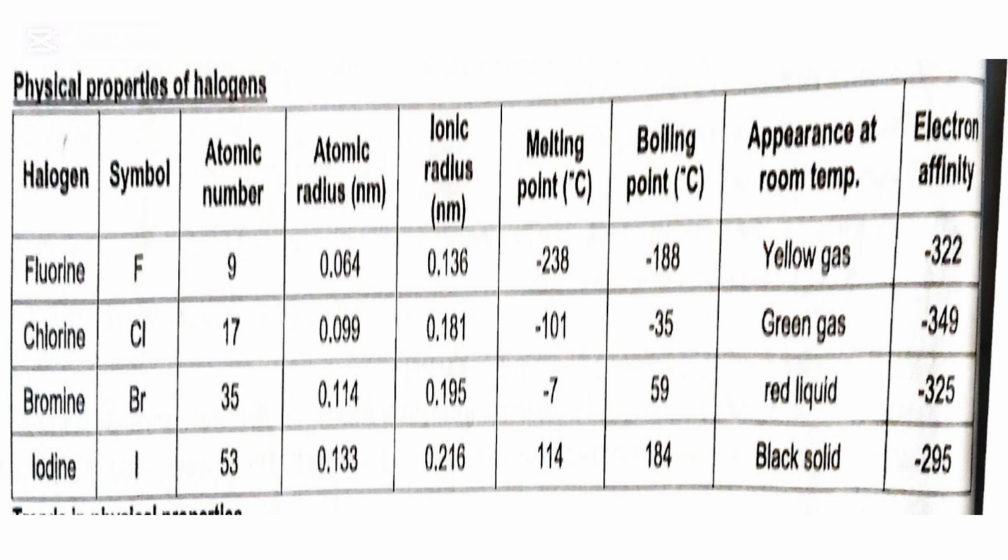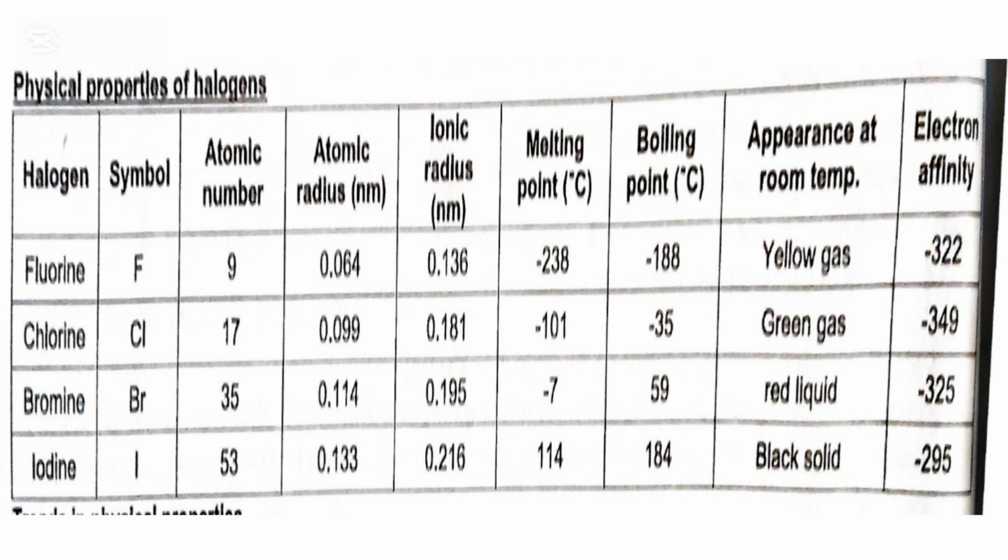Now, boiling points. The boiling point of fluorine is -188, of chlorine is negative 35, of bromine is 59, and of iodine is 184. So again, the boiling point increases down the group.